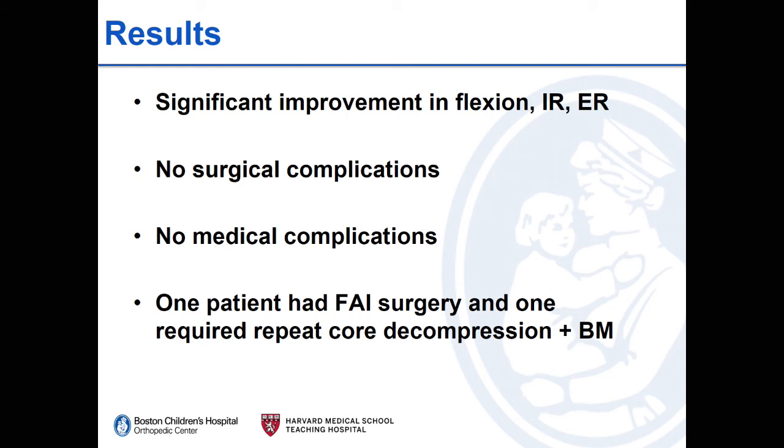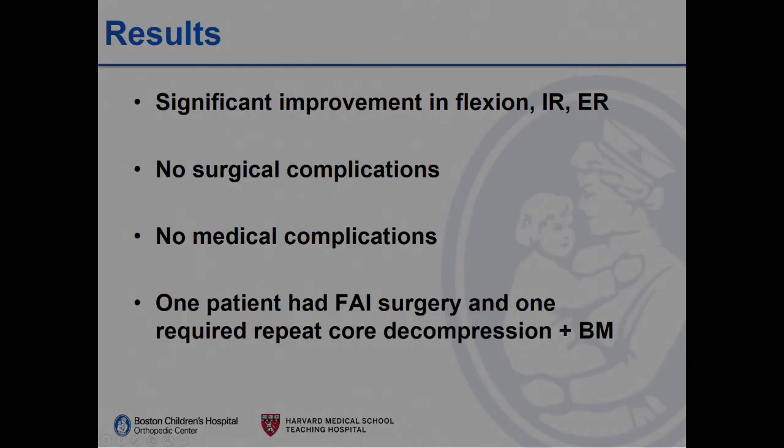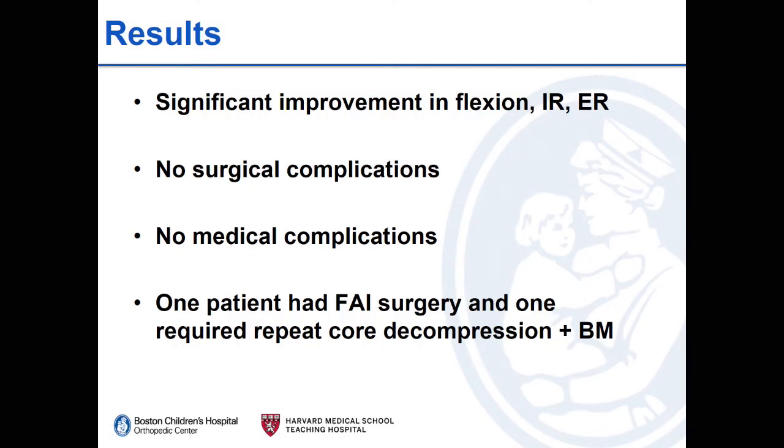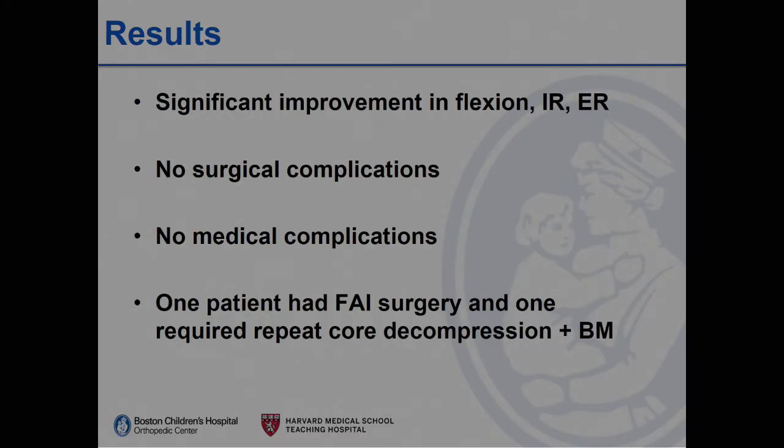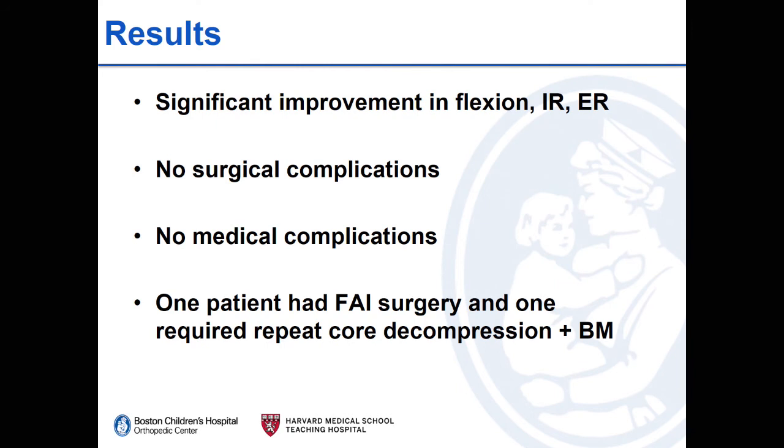It's important for this group there were no medical complications and no surgical complications, and two patients had revision surgery for repeat osteonecrosis. Remember, sickle cell disease is an ongoing condition, so you could actually renecrose the same femoral head. And then one patient had FAI surgery because of the asphericity of the femoral head.